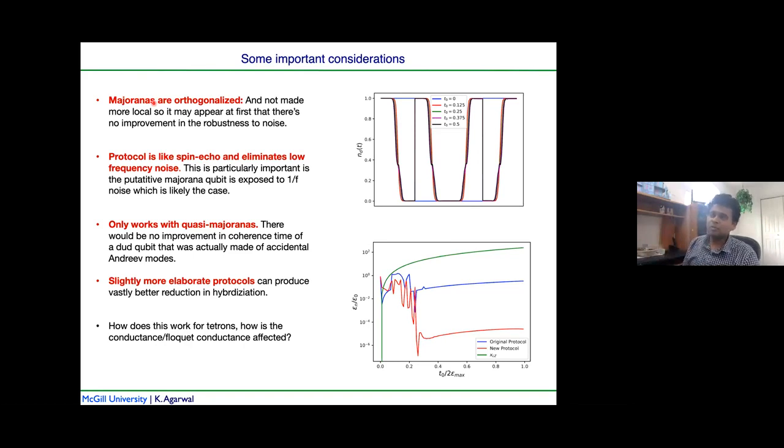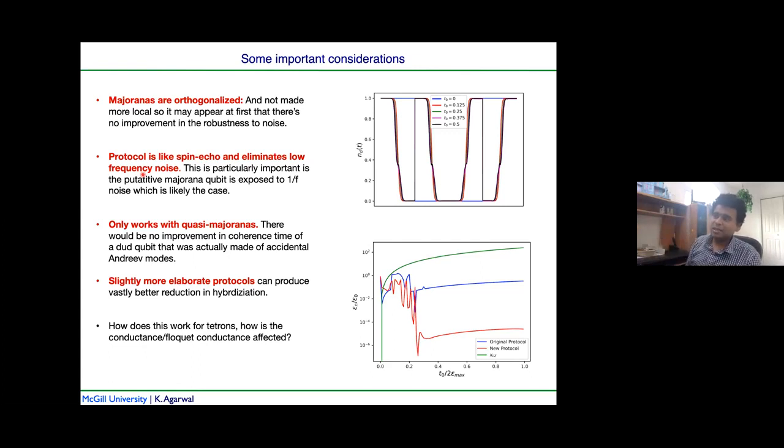But one thing to keep in mind is that you can think of this protocol as like a spin echo protocol. What it does is effectively eliminate particularly low frequency noise, any noise below the frequency of driving, which couples to this parity operator.